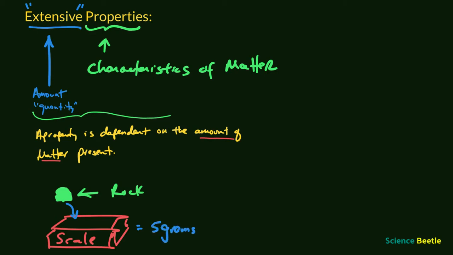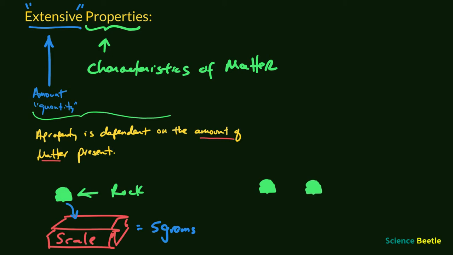The mere fact that I've got only one rock on the scale gives you a certain amount of mass applied to this specific amount of matter in the form of the rock. But what if I don't have just one, I actually have two of them? So if one is equal to 5 grams, what if I had two? I'm going to double this amount. I've got two of them.